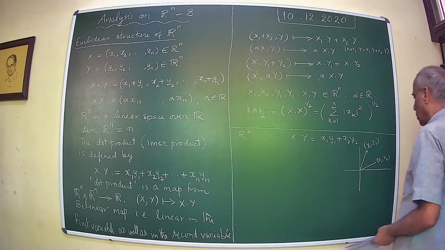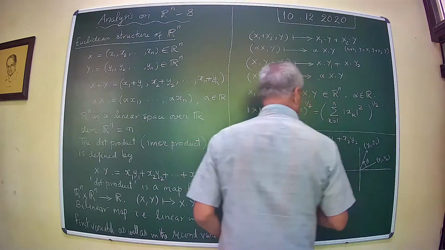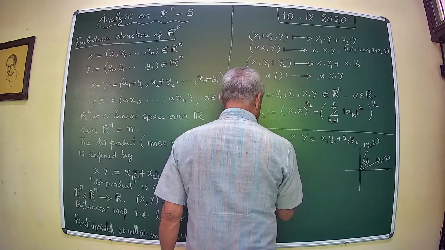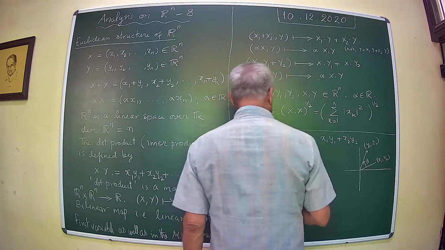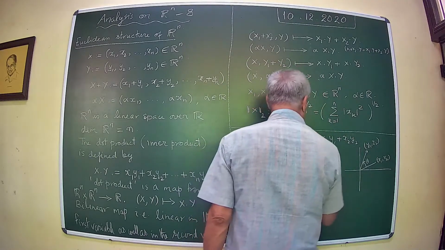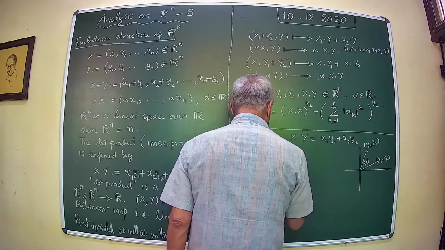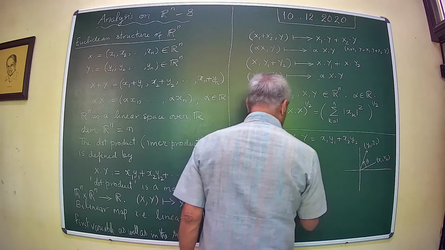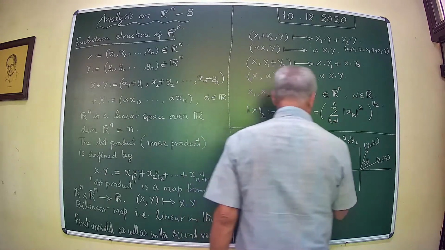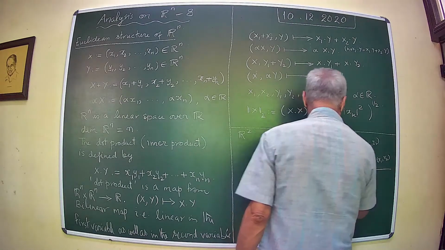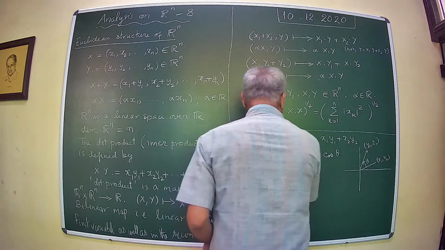If you work this out, you can easily prove that if this angle is theta, you see that x1 y1 plus x2 y2 divided by the product of the norms is cosine theta. This is simple to verify.